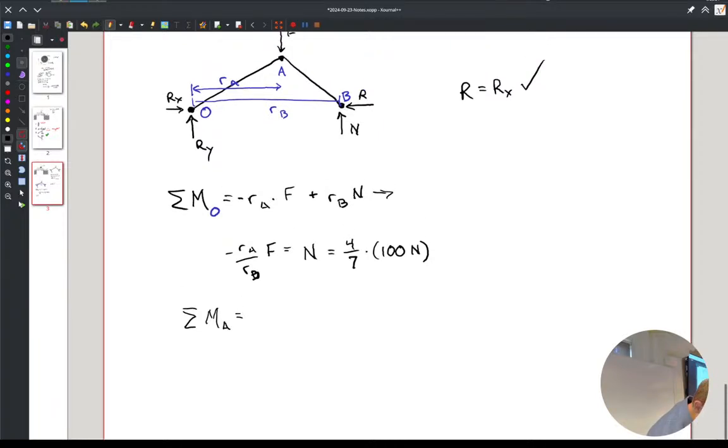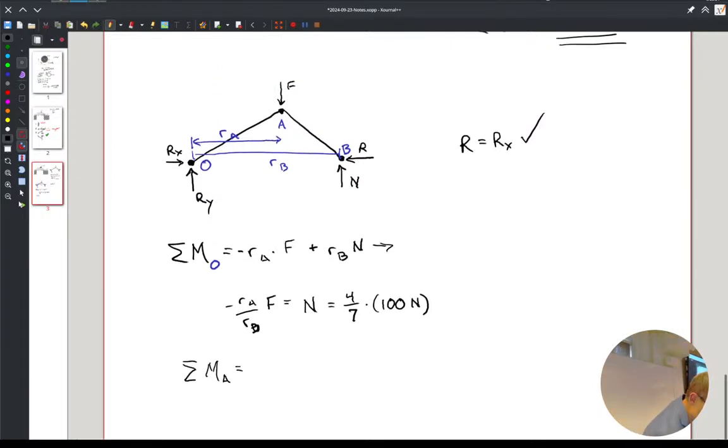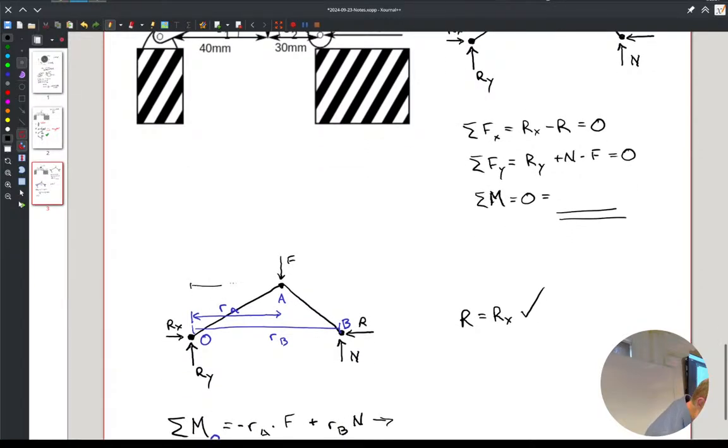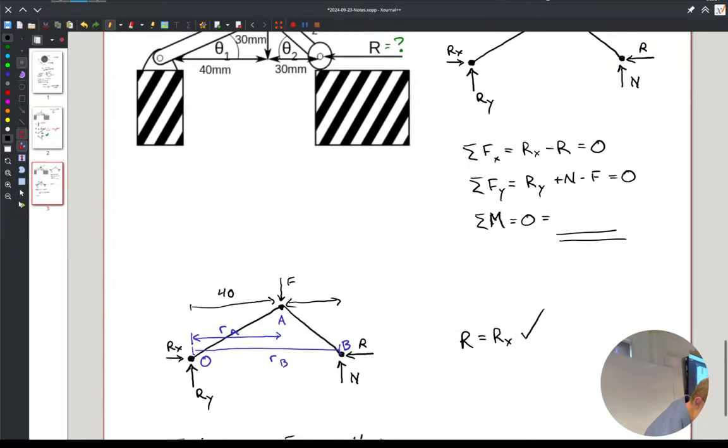So F has no effect because it has 0 moment arm. And now RY is, let me get these distances. So this is 40, 30, and then 30.